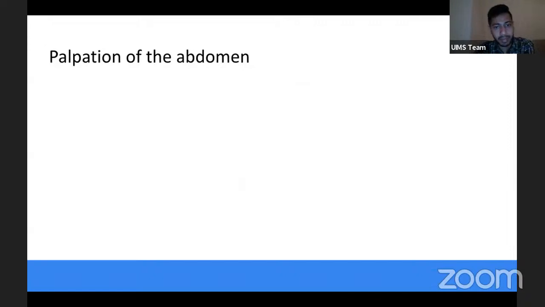So, palpation of the abdomen. What we should always do with palpation of the abdomen is start off with a light palpation first and gradually build up to a much deeper palpation.